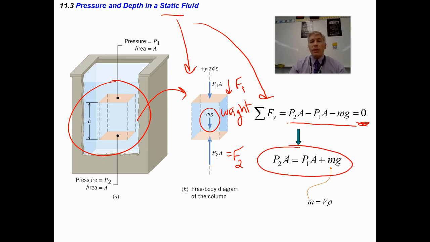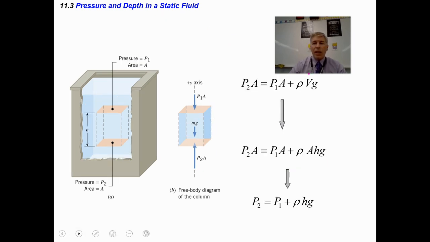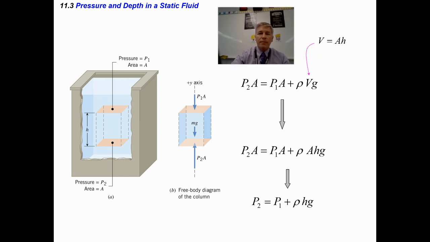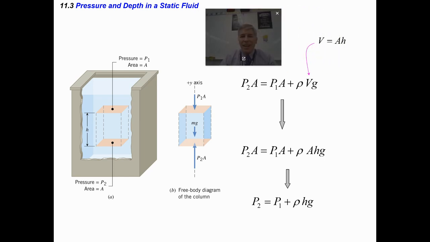Then the next step, like we saw from our density stuff, we can replace mass with volume times density, which gives us another little advantage. You can change your equation a little bit. So I have rho VG here, which is our equation.